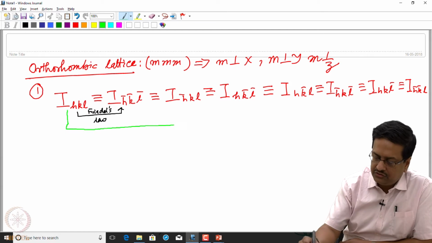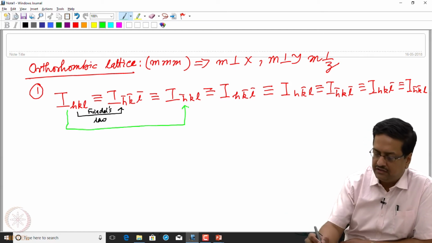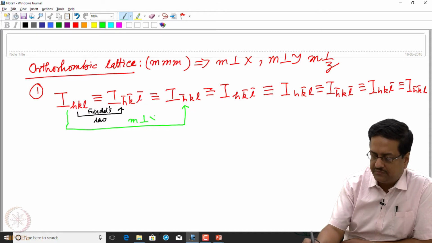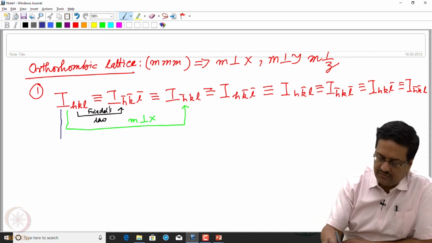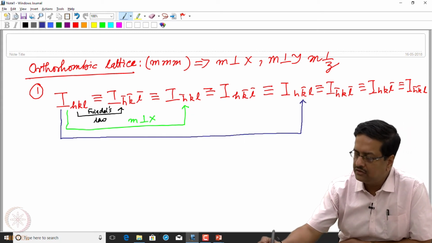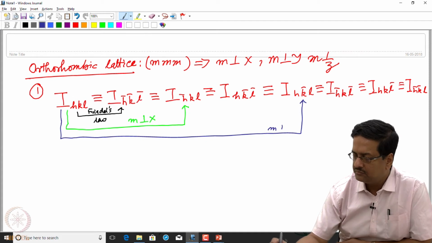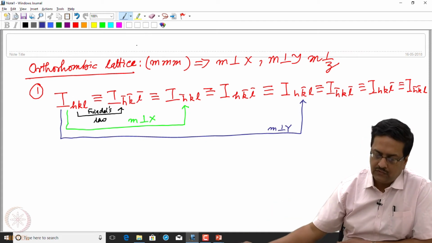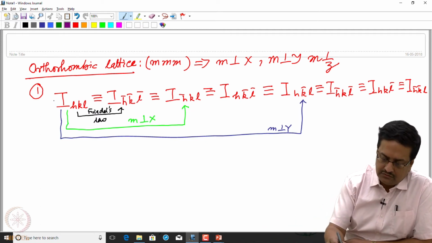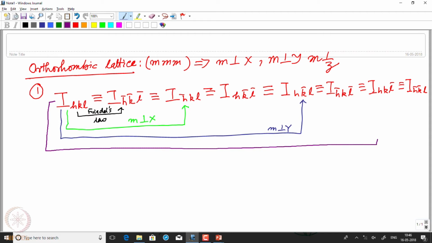This I(HKL) being equivalent to this I(H bar K bar L) is because it has a mirror perpendicular to X. Then this I(H bar K bar L bar) equivalent to this, indicating mirror perpendicular to Y, and this indicates mirror perpendicular to Z, and the corresponding pairs here are related by Friedel's law.